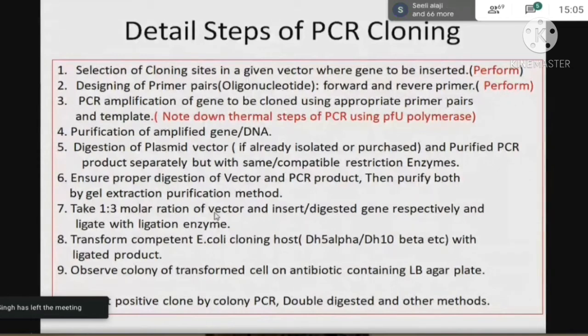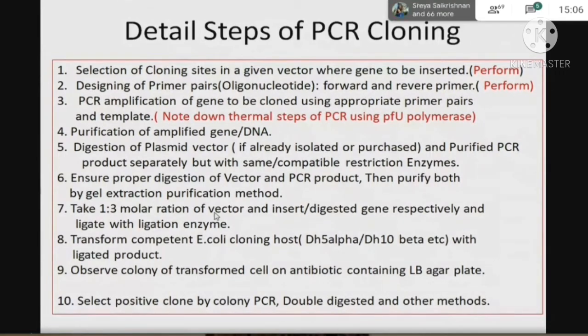Some ligases are quick ligase. Within 5 minutes, vector and insert will ligate. Some ligase enzymes require overnight ligation. Some require 4-hour ligation. So depending upon which ligase you are purchasing, you have to incubate your ligation mix for that much time.